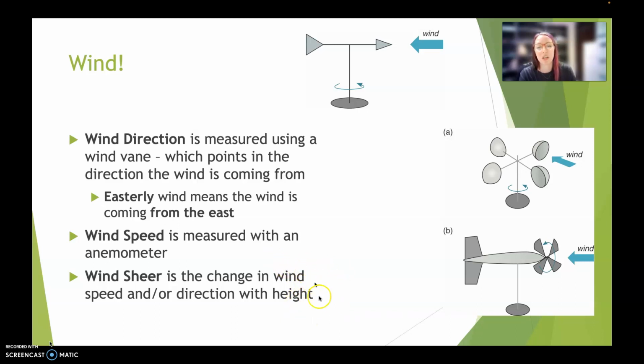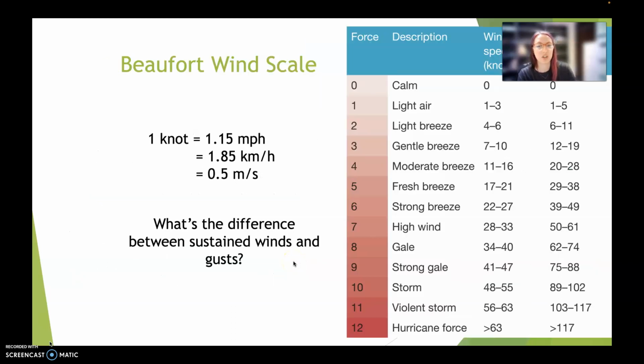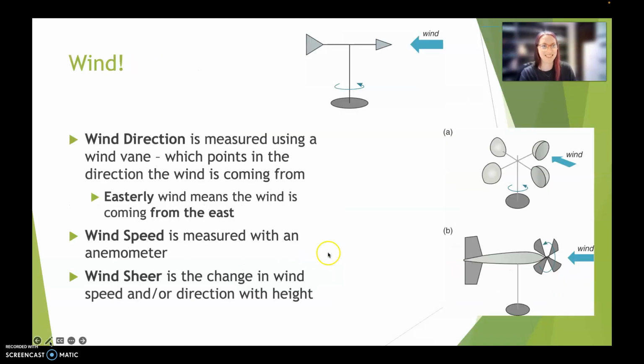It's really cool. And there's another really important term here that's not really about wind measurement necessarily, but it's a term that we're going to use very often. It's called wind shear. Wind shear is the change in wind speed and or direction with height. You can think about it this way, right?